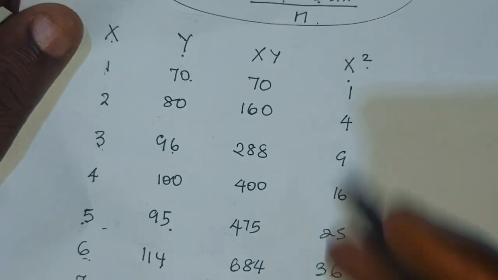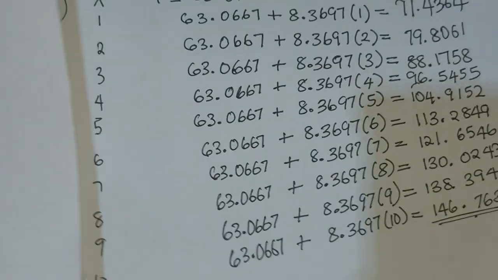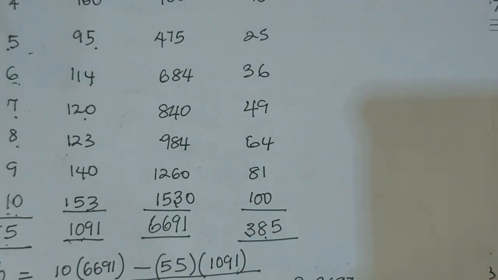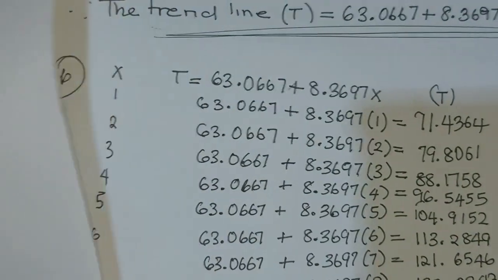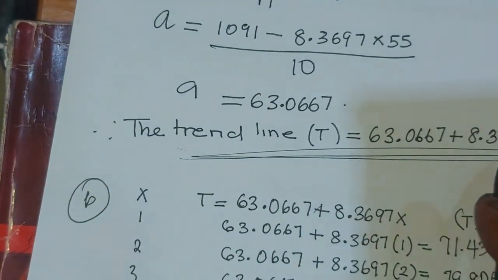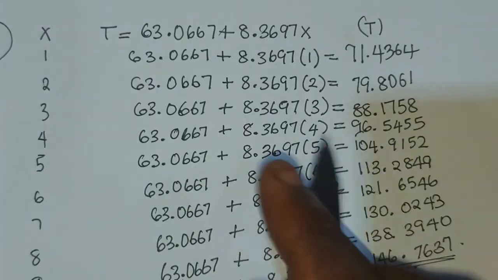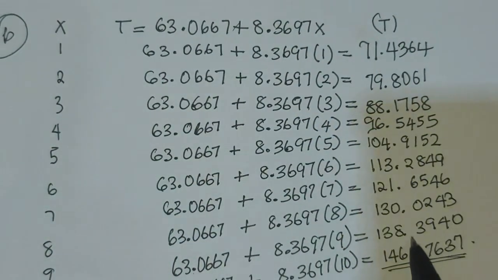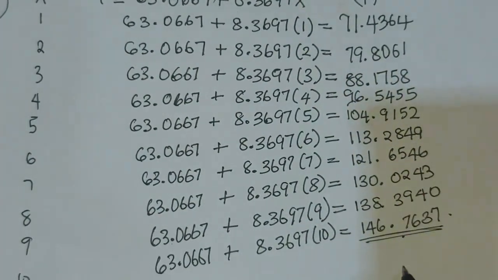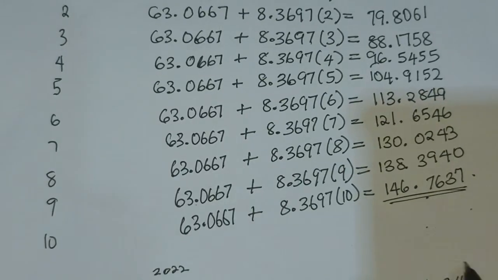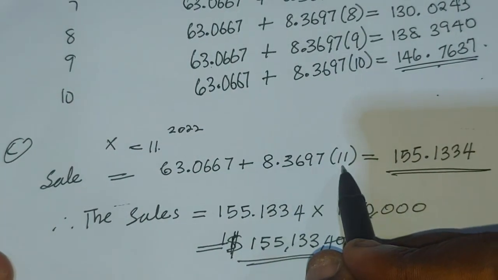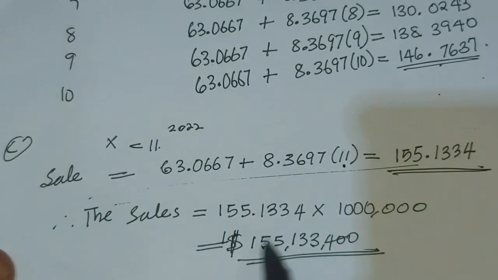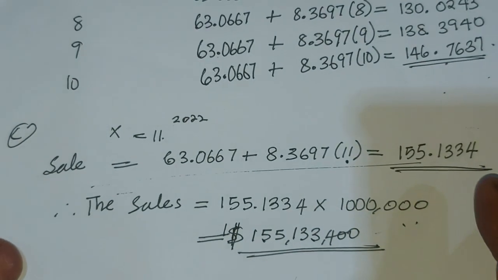Then you determine your regression coefficients, the regression constants, then you have your trend line. So with the trend line, you can calculate your trend values. Then if you are asked to estimate, you estimate by substituting for x. All right, then you multiply, since it's an application question.